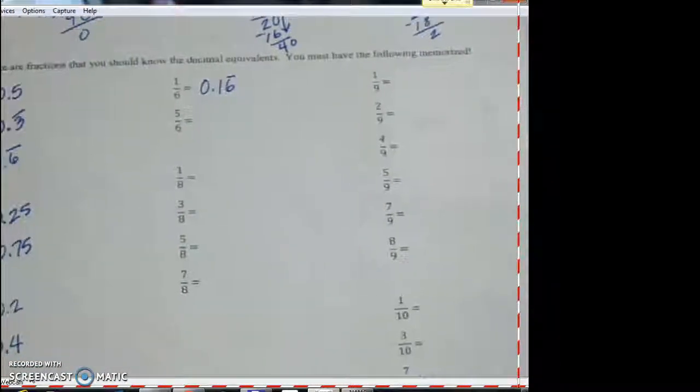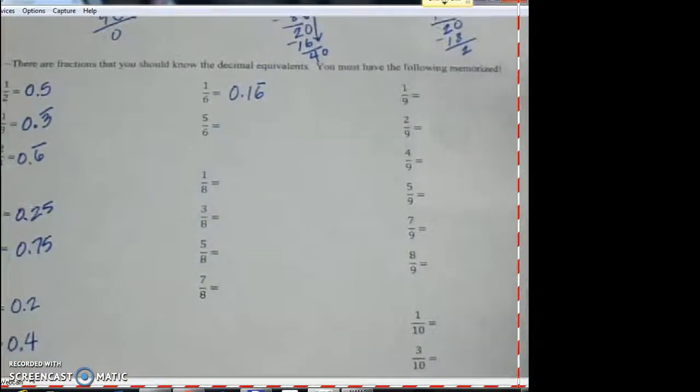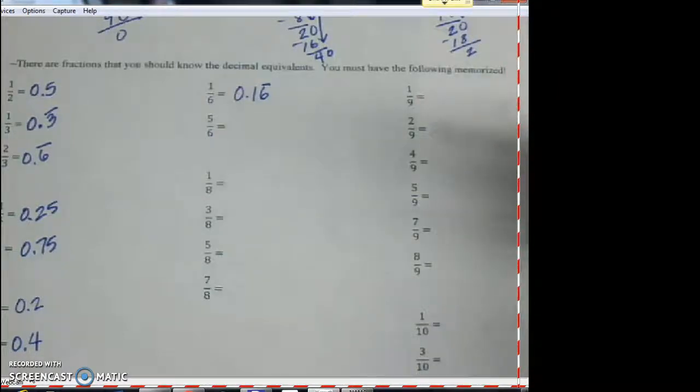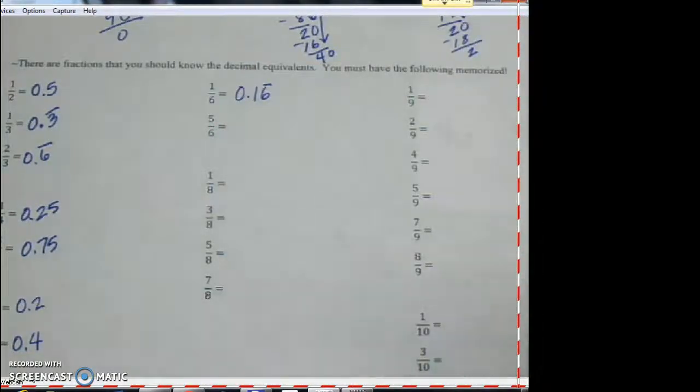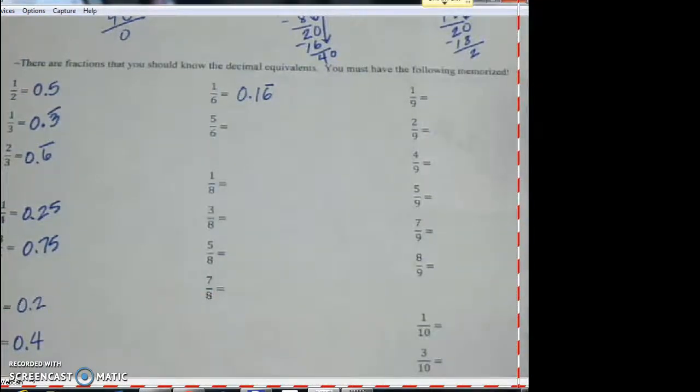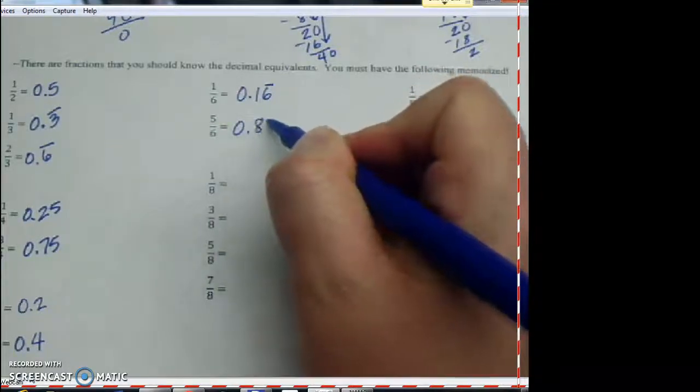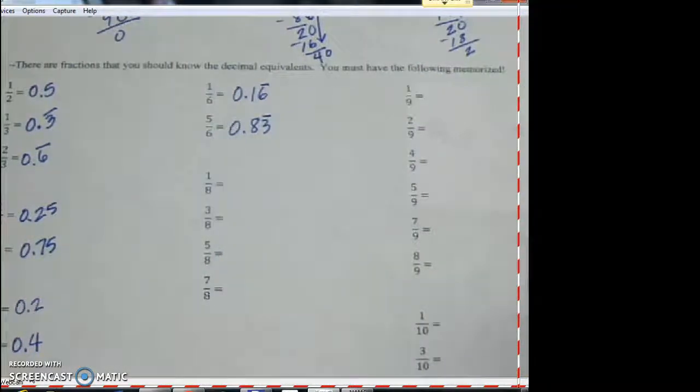All right, 5/6. Why did I not put 2/6 on there? It reduces down to 1/3, right? 3/6 is 1/2. 4/6, 2/3. Okay. So 5/6 is 0.83 with the 3 repeating.